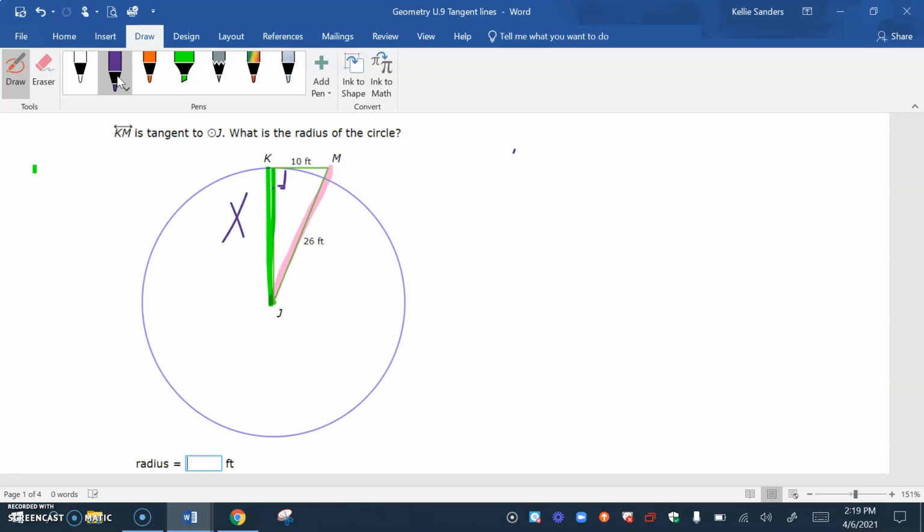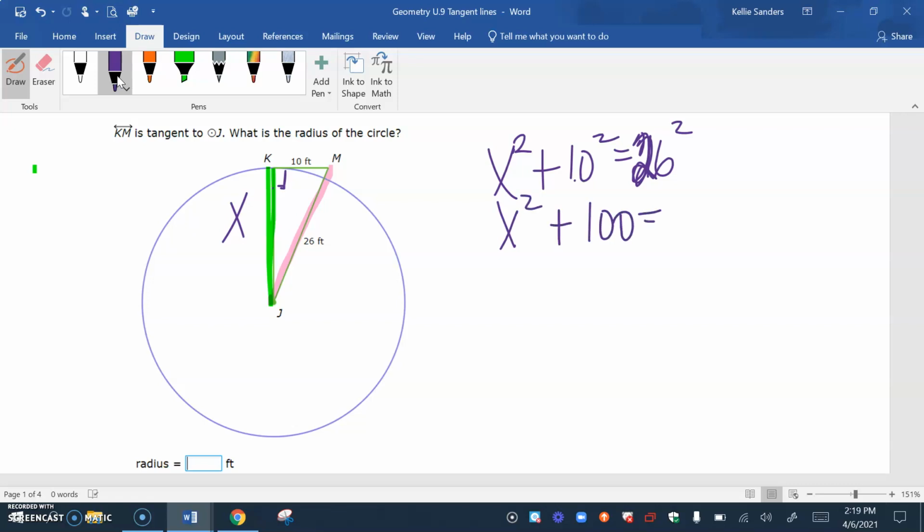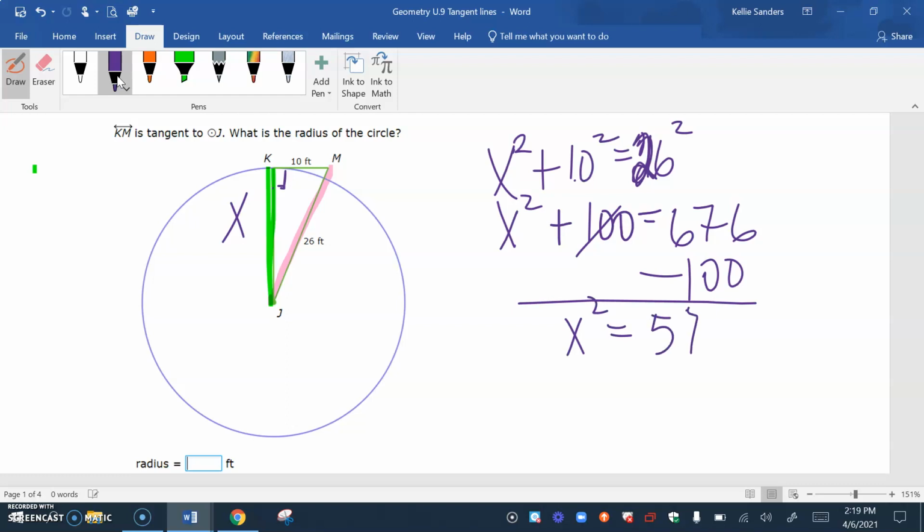And if that's the case, then we are going to have to deal with, that's right, the Pythagorean theorem. So x squared plus 10 squared equals 26 squared. X squared plus 100 equals, I don't have a clue, 676. Subtract the 100. 576.